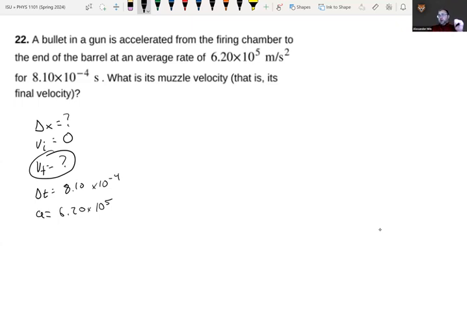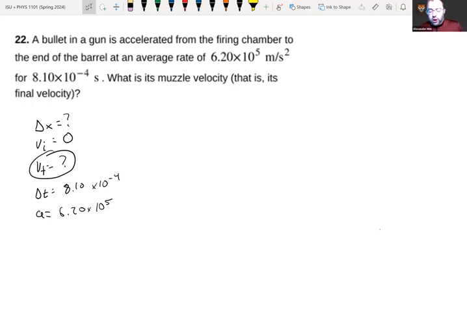What you want to do typically is use the equation that has the 3 things you have and the 1 thing you want. There is the displacement acceleration equation, which has initial velocity, time, and acceleration. We could use that to find displacement, but we're not asked for that. We're asked for muzzle velocity.